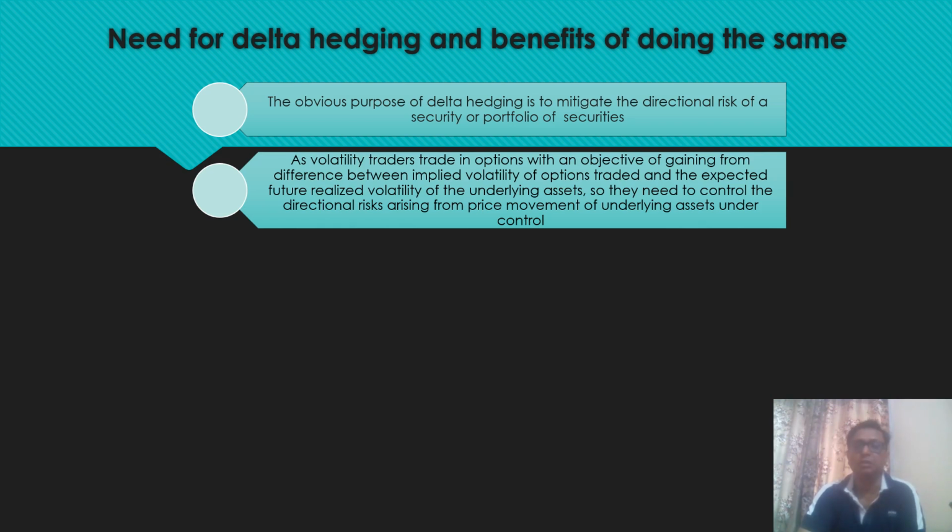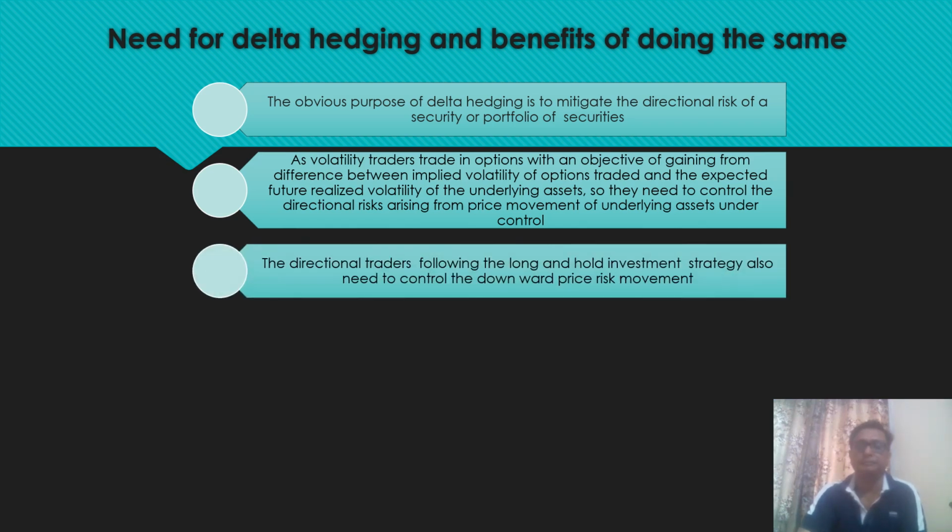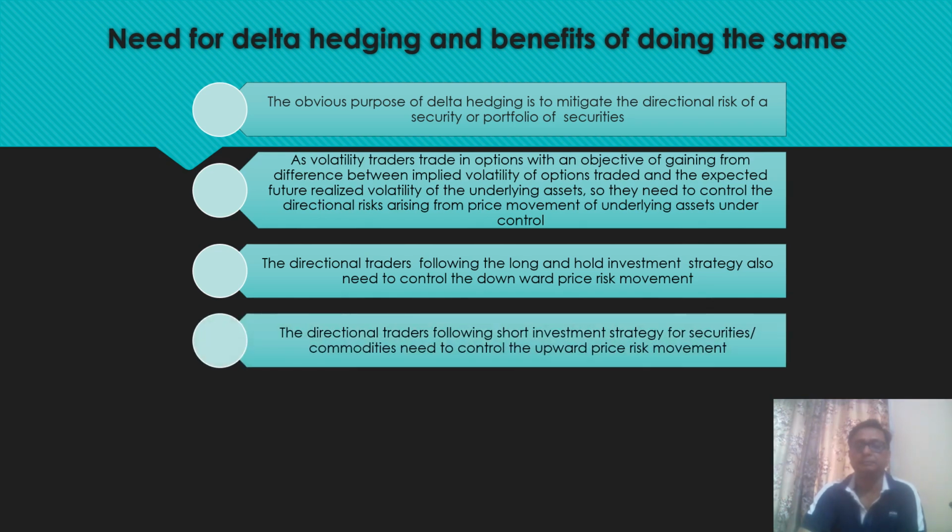So they need to control the directional risks arising from the price movement of the underlying assets. Directional traders following a long and hold investment strategy also need to control the downward price risk. Directional traders following a short investment strategy for securities or commodities need to control the upward price risk.